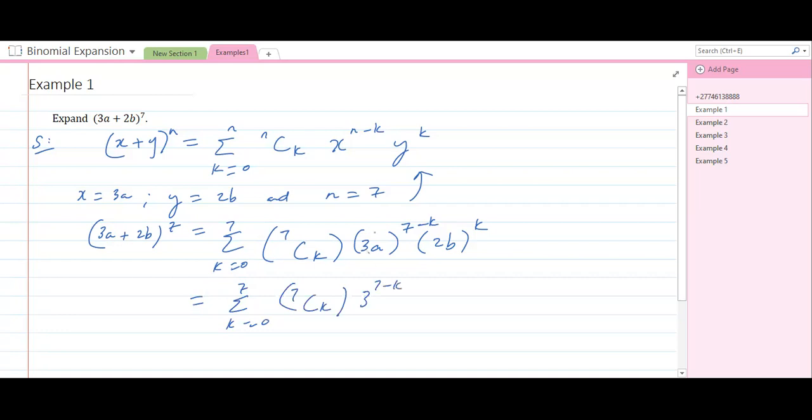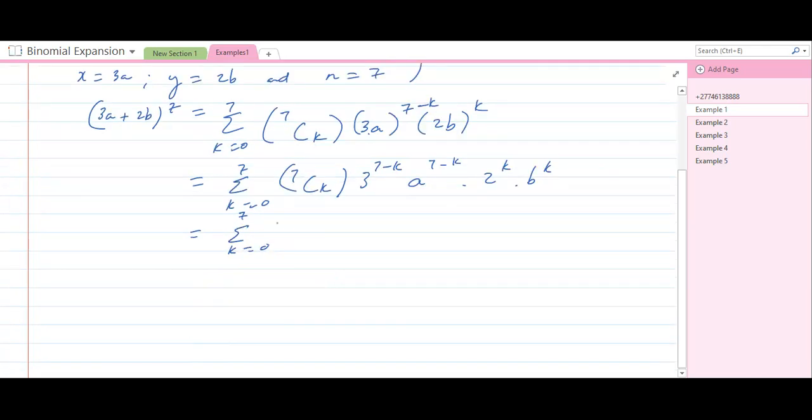By splitting this up, we distribute over the powers: a to the power 7 minus k, 2 to the power k, b to the power k. You can see the coefficients are 7 choose k, 3 to the power 7 minus k, 2 to the power k, and the variable terms are a to the power 7 minus k, b to the power k.